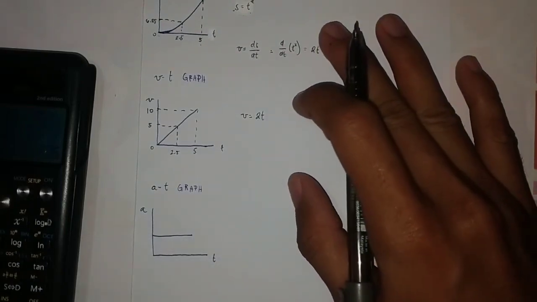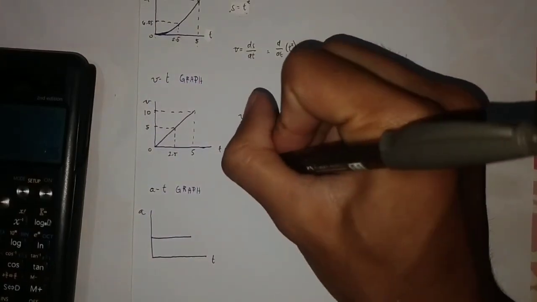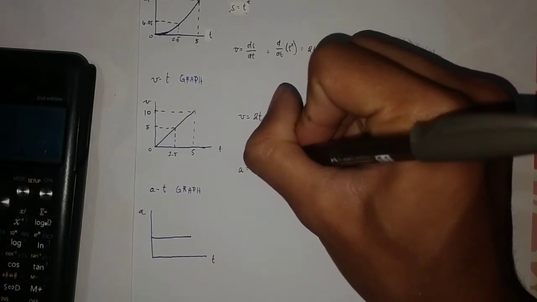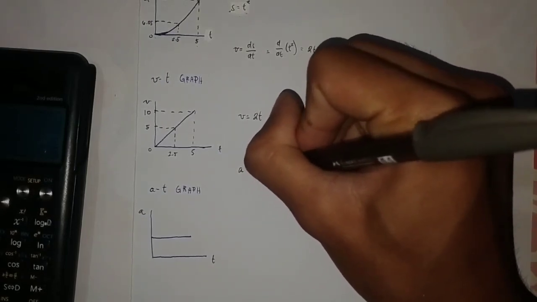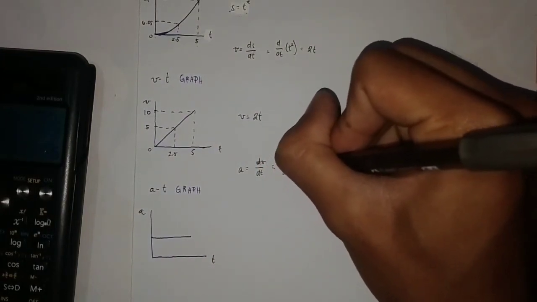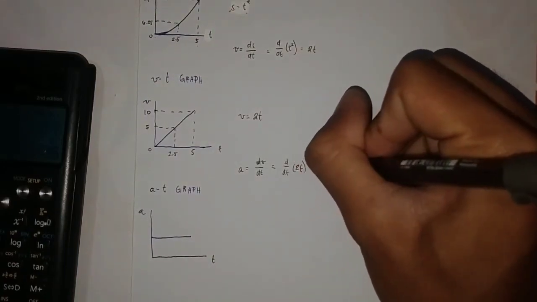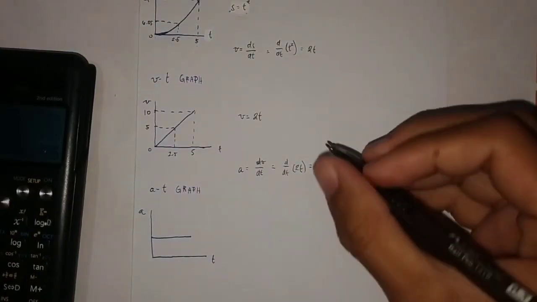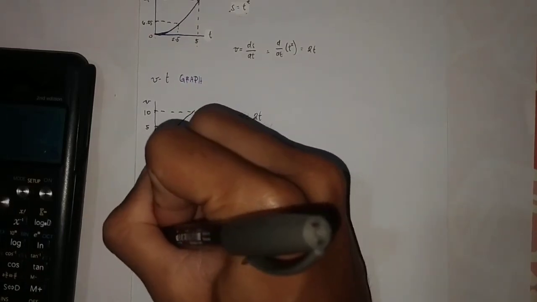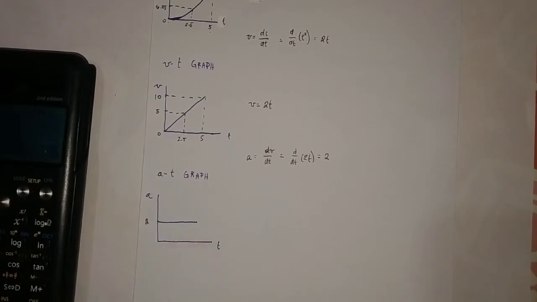For the AT graph, we'll be able to get our equation using the formula A equals dV over dt. We have d over dt multiplied by 2t. The derivative of 2t is equal to 2. Therefore, our acceleration here is 2. A horizontal line indicates that it has a constant acceleration.